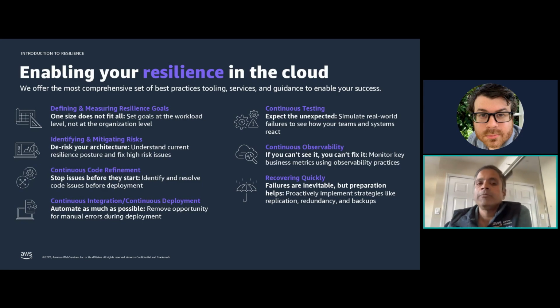Prior to any deployment, it's a good idea to leverage Amazon CodeGuru Reviewer, which uses machine learning and automated reasoning to identify critical issues, security vulnerabilities, hard to find bugs, etc., during application deployment.